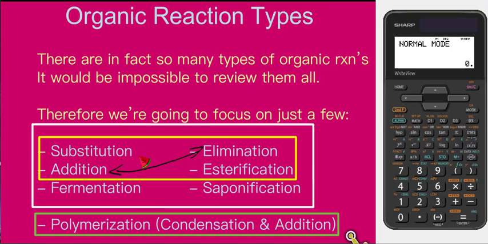Remember, substitution, you are swapping. Puma wena ngena mina. Like how they do it in soccer. They remove one guy, they put another guy. But in addition, you just add, you just put another guy. That's it. You don't swap. In elimination, you just remove. You do the opposite of the other one.